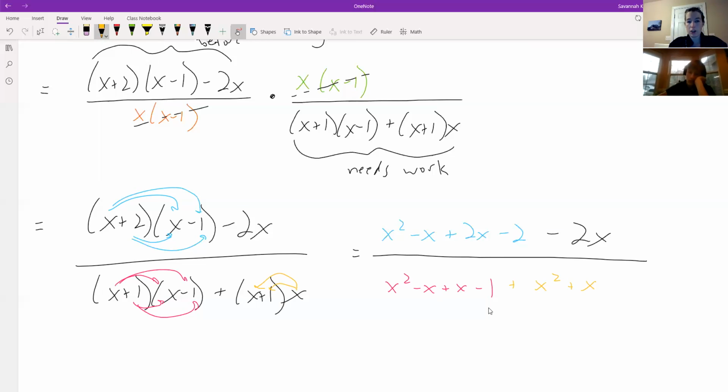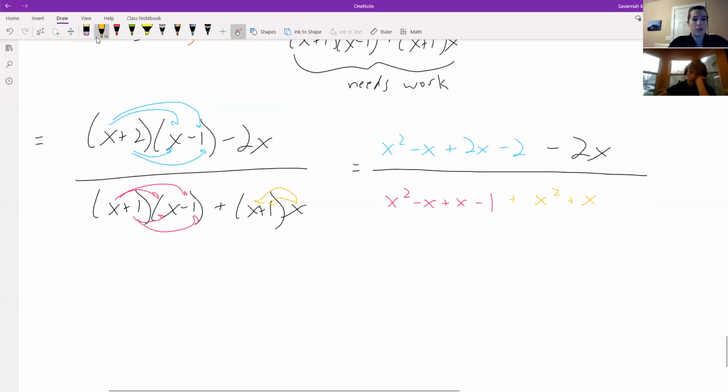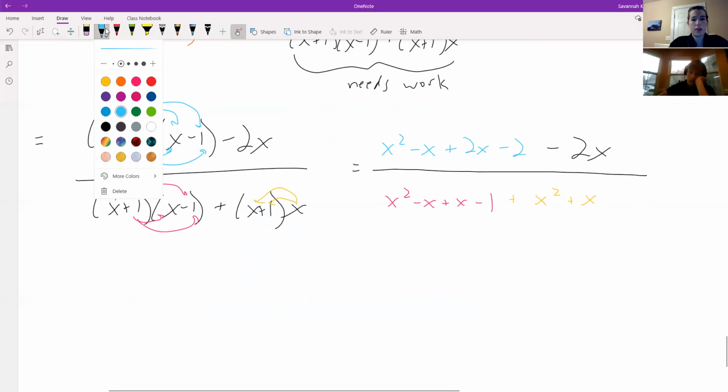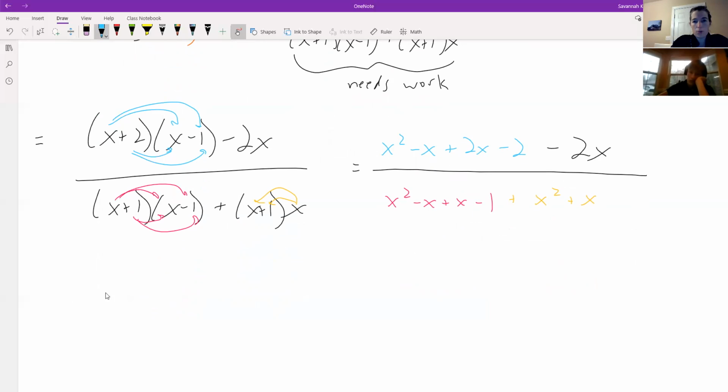So everything in colors there resulted from me having to simplify stuff. The negative 2x is just hanging out, hoping that there's like terms coming along. So if I clean up the blue section here, I've got negative x plus 2x, so it looks like they'll come together as plus x minus 2.